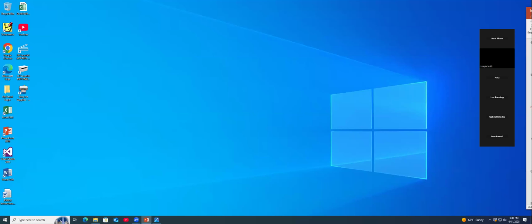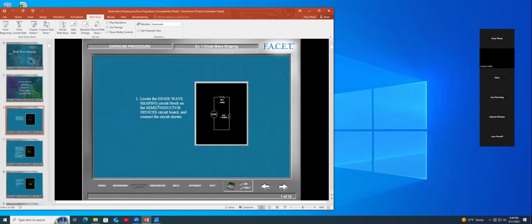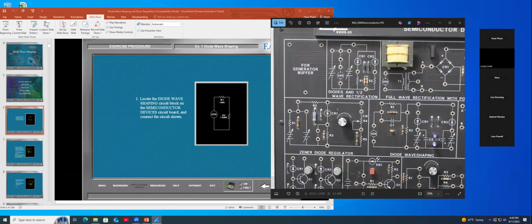Okay, let's see. It went away. Now we see your blue screen. Now it's back. So locate diode wave, right? Yes. This is the circuitry they want you to do the lab. And now this is the circuit board. Perfect.